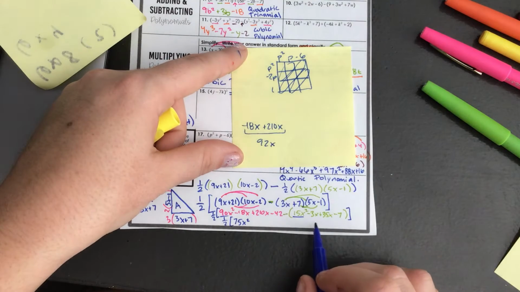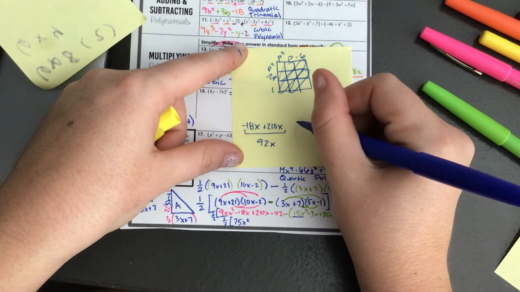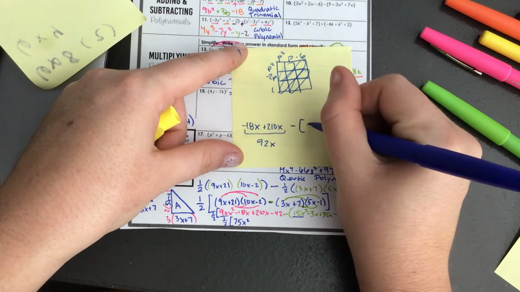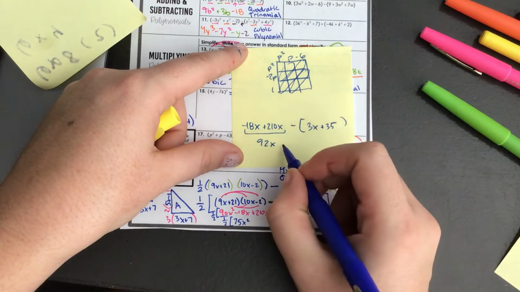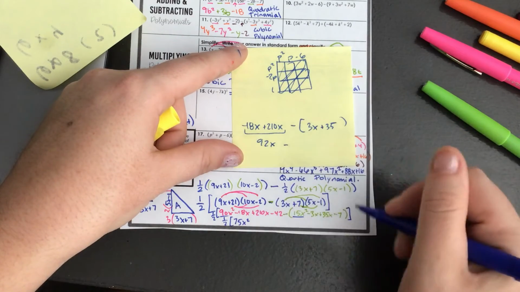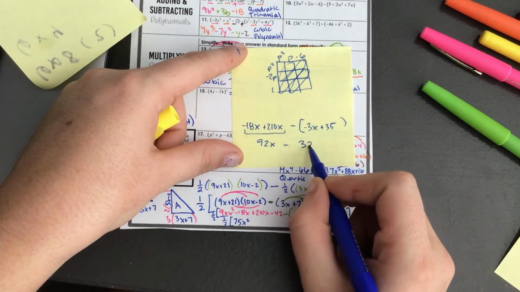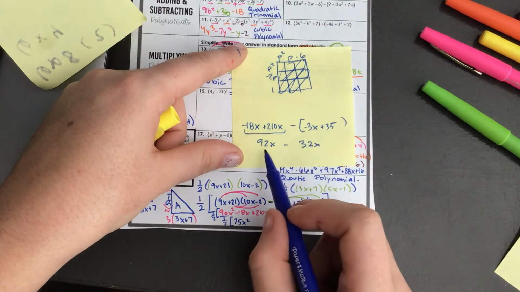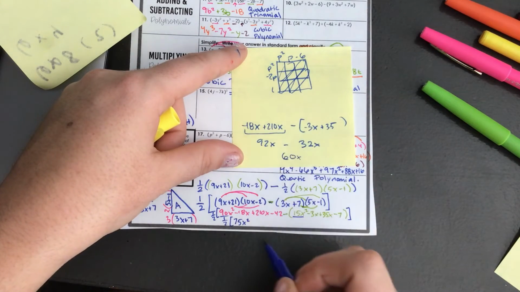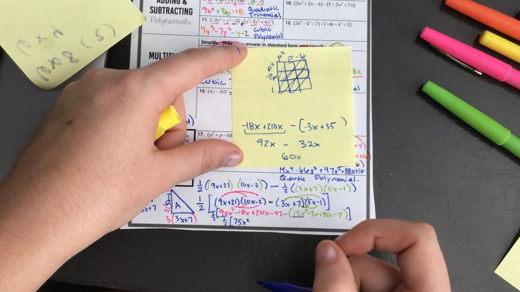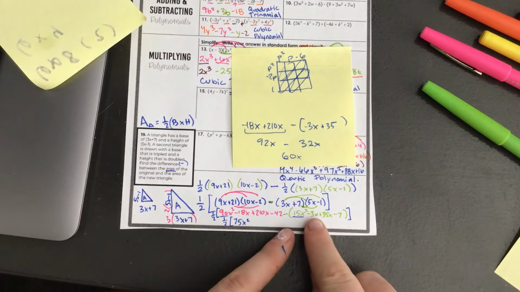And then over here, I've got a negative 3x and a 35. Remember, that's minusing it out at the end. That puts me, oops, that's a negative. And now I just have to subtract these out. So if I do 92 minus this, I get 60x. Did I miss anything? That's 32.